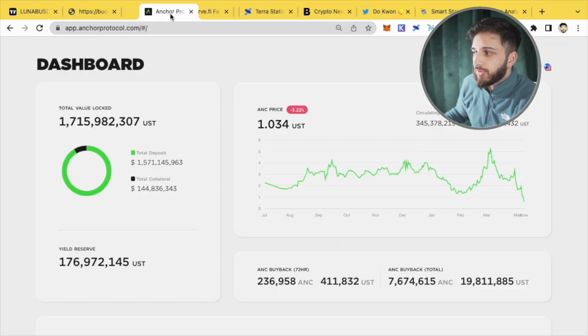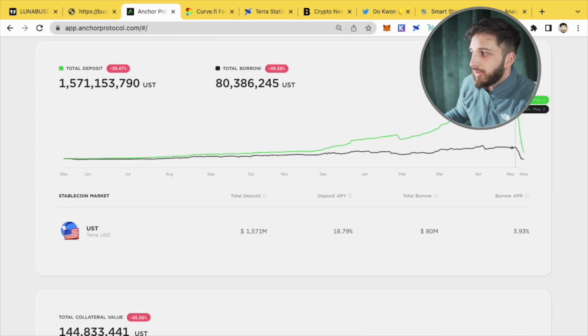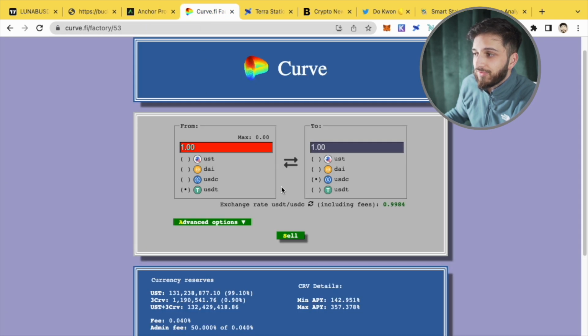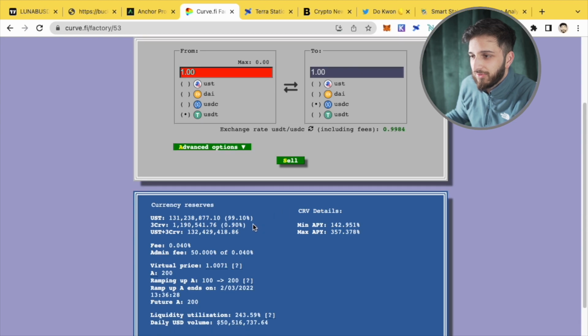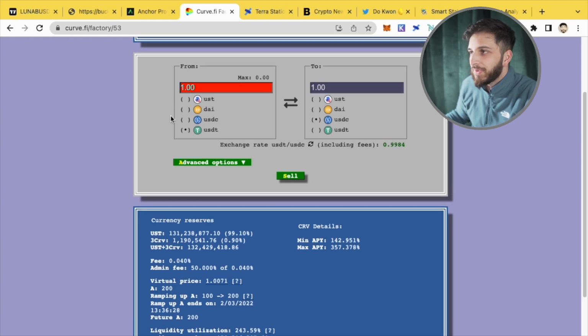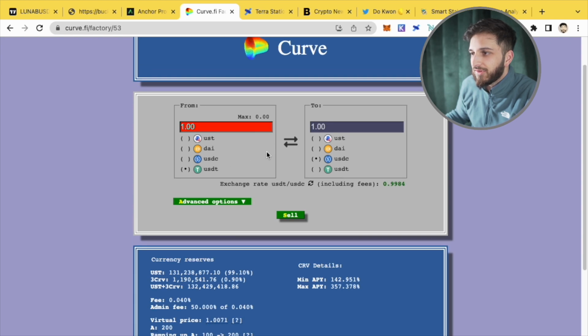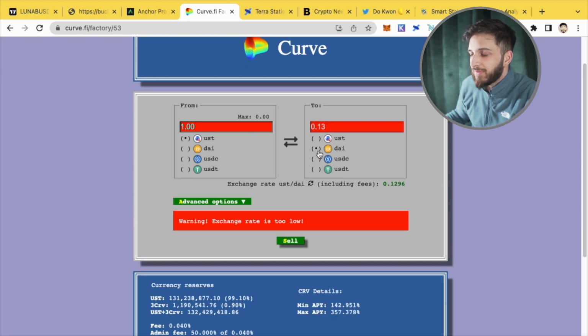We covered Anchor Protocol and the mass panic that occurred with all of these withdrawals and all of that sell pressure, as well as the initial depeg that happened via Curve and how that liquidity just drained altogether. Look at the reserves right now. 99.1% of it is in UST, with less than 1% being in the rest of the three assets. So it's hardly anything. And as a result, you're getting a conversion rate, as we speak, of $1 to 0.13.